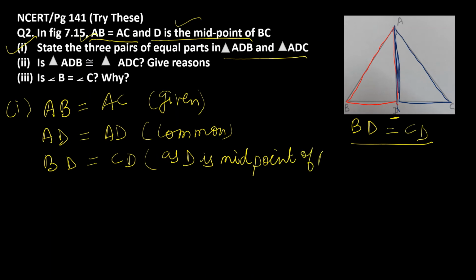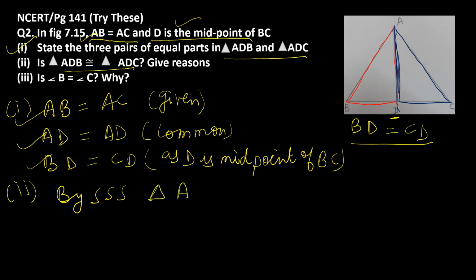So now let us come to the second part, where we have to prove ADB is congruent to ADC, and we have to give a reason why it is congruent. You can see here we have proved the three equal sides in both the triangles, right? So by SSS congruency, three sides of one triangle are equal to the corresponding three sides of the other triangle.